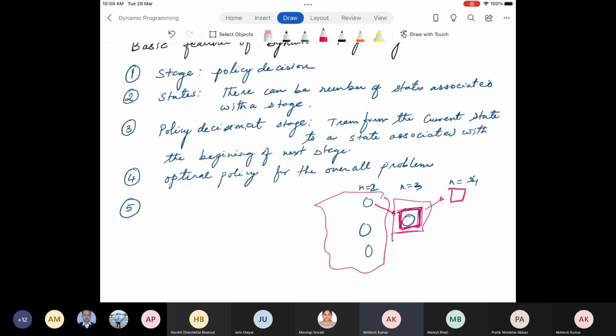Even in this case, suppose I want to go from this stage to this stage, and let's say we are doing backward recursion, I already know all the future costs. So all I need to know is this stage, and that's all. This is, as we already have seen, the Markovian property, on which the principle of optimality is based.